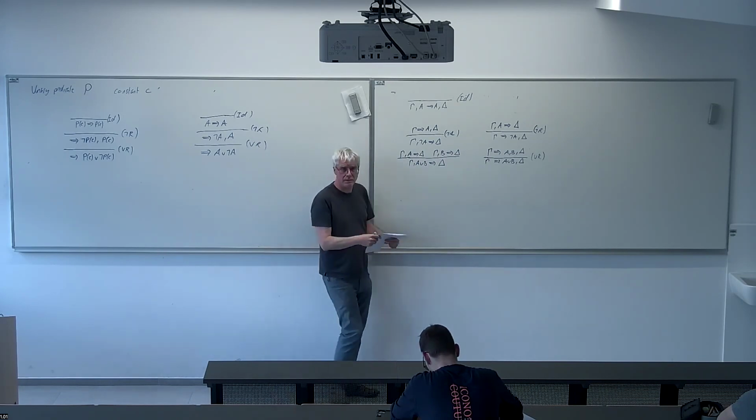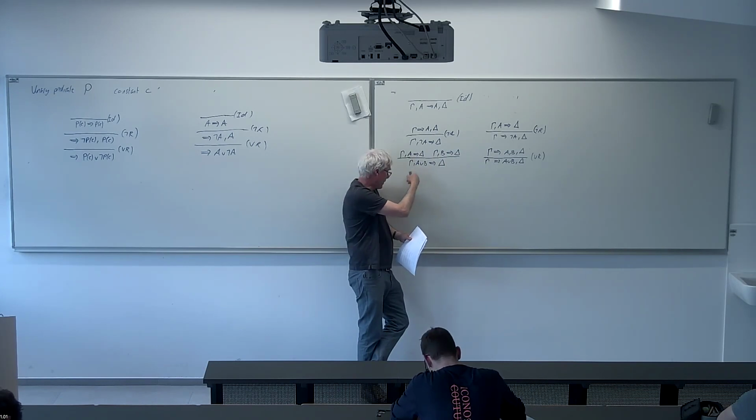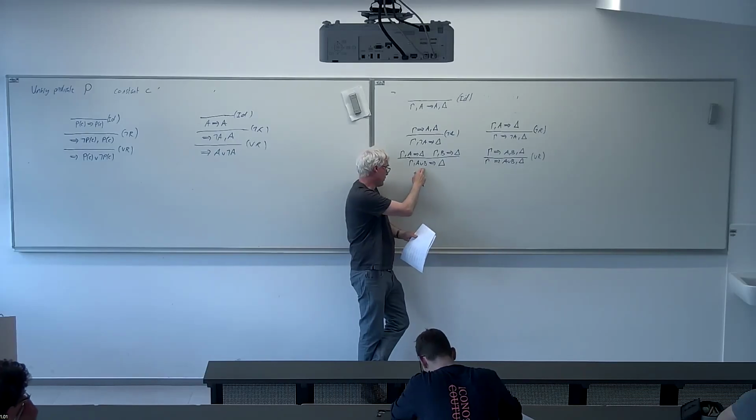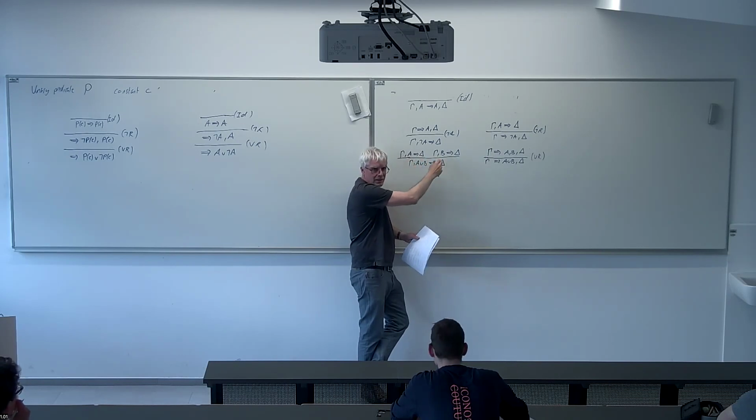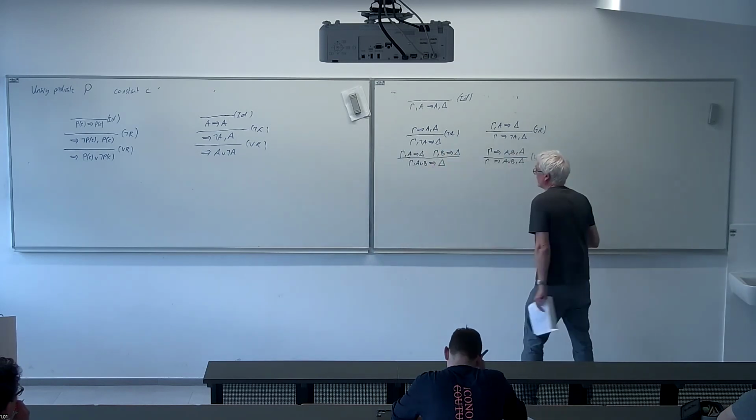And this is intuitively understandable from our experience in mathematics: if we need to prove that a disjunction A or B implies delta, to prove that, we need to show that both A implies delta and B implies delta. So we have two proof obligations in that case.